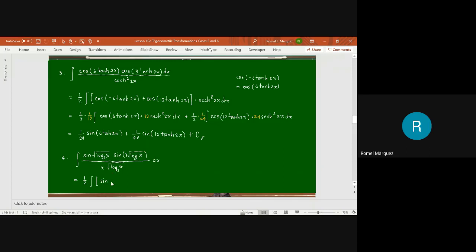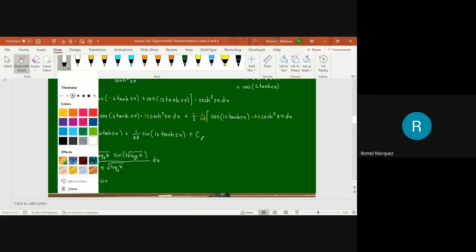So what's the difference? The identity for that is cosine, no?